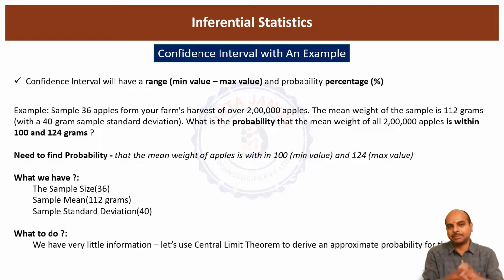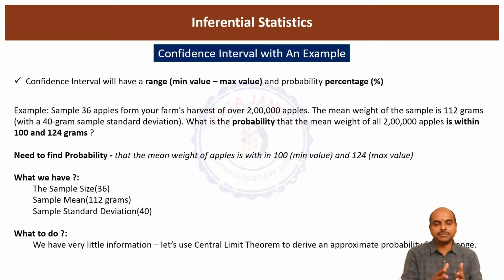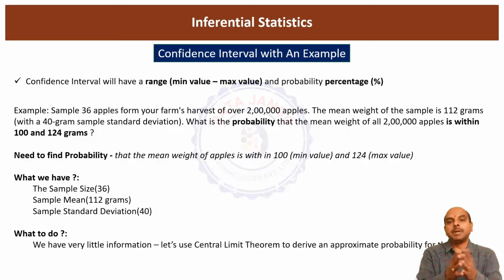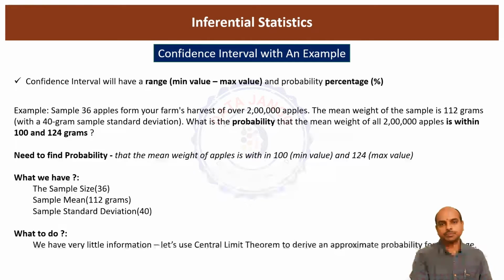So that is a general estimation. Standard deviation gives you that kind of a general estimate of your sample or population. So here the 36 apples we have chosen, the mean is 112 and the standard deviation is 40. If data is normally distributed, whatever I spoke right now holds very true. If it is not, it may oscillate a little bit.